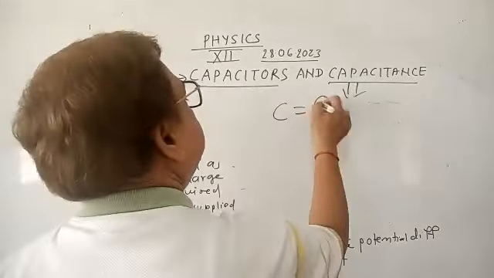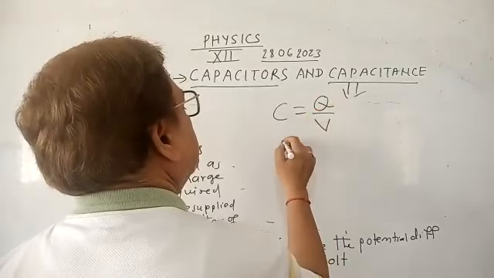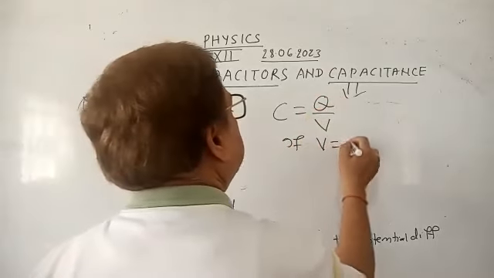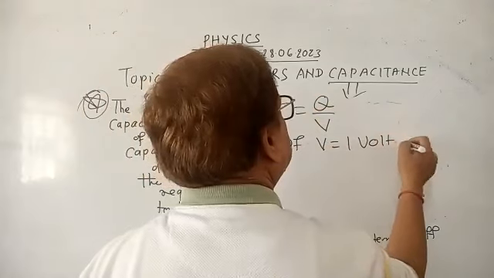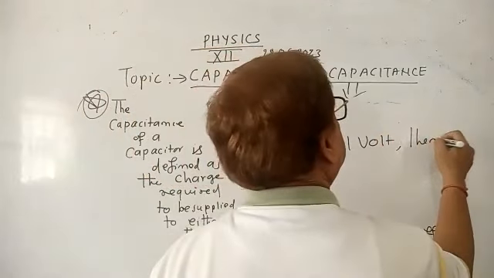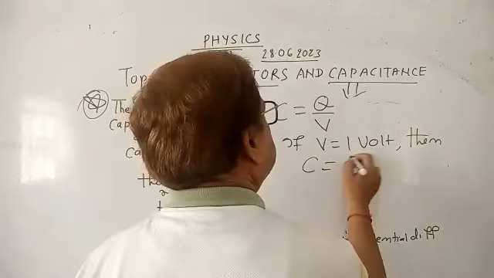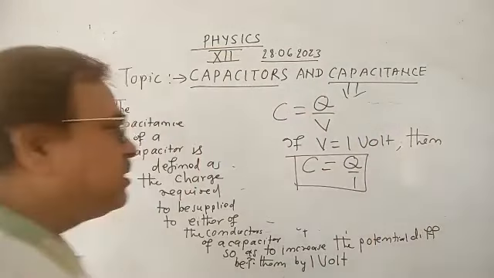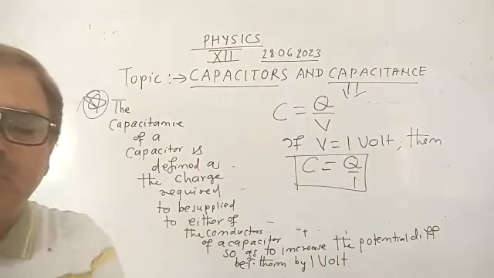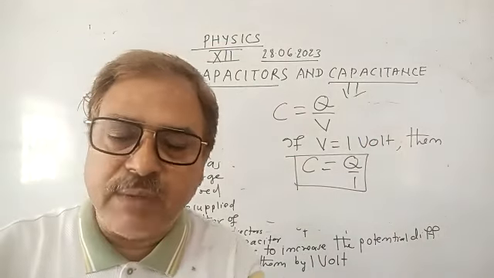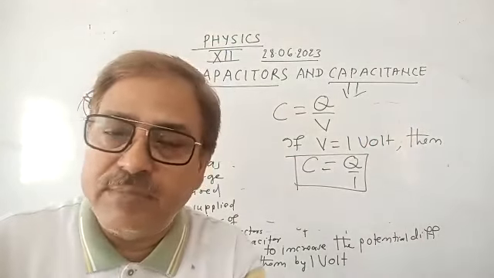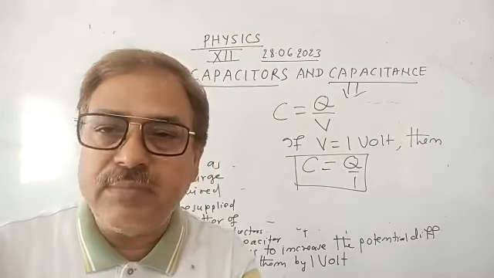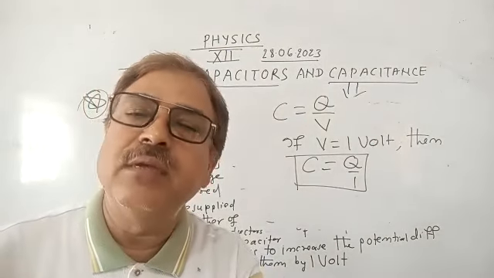C is Q by V. If you are putting 1 volt, then C becomes Q by 1. So capacitance is nothing but the total amount of charge required to store on each plate of the capacitor, to raise the potential difference between them by 1 volt.